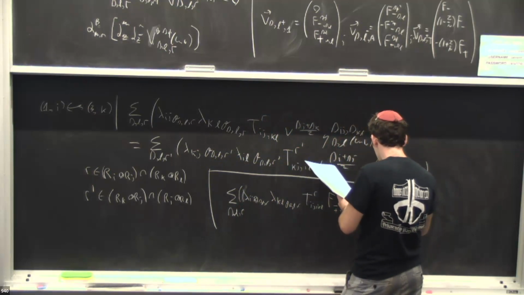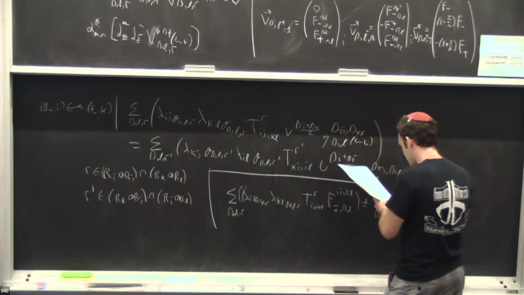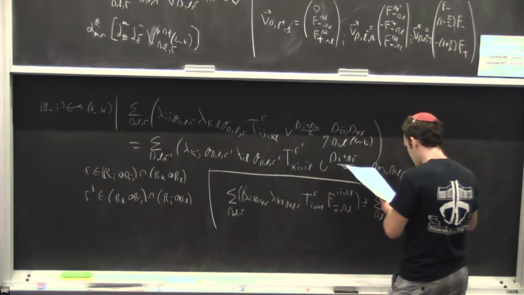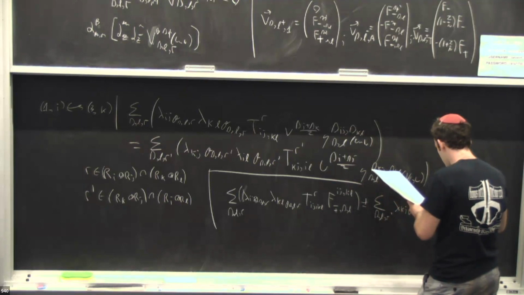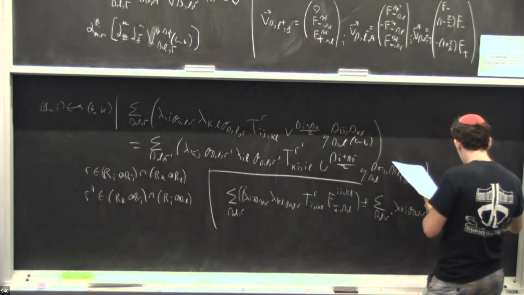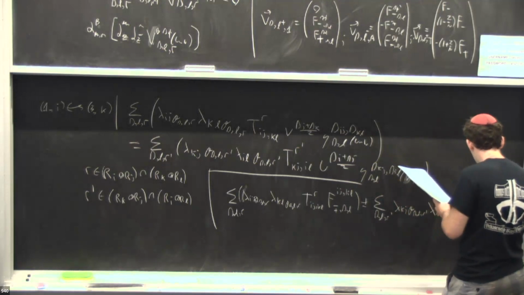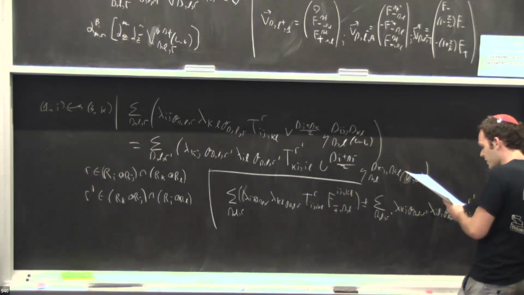Plus or minus sum delta L R prime, lambda Kj, O delta L R prime, lambda IL, O delta L R prime, tensor structure, Kj IL, and then this crossing function, Kj IL, x plus delta L. Okay.